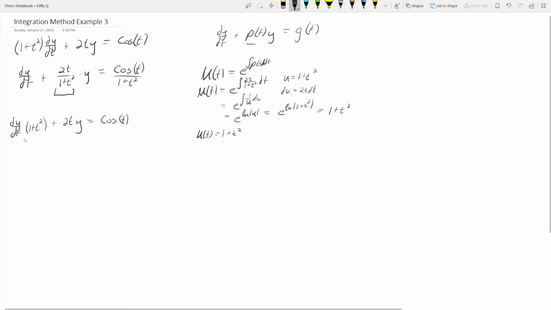And then like before, we know this whole thing is going to be equal to the derivative of mu(t) times y, so 1 plus t squared times y, equals cosine t. So then we're going to integrate both sides with respect to t. And that's going to give us negative sine. Wait, no, yeah, no, it's a negative sine.